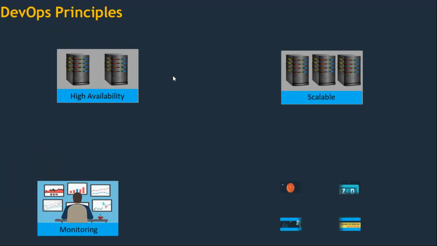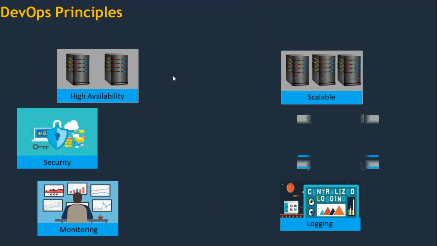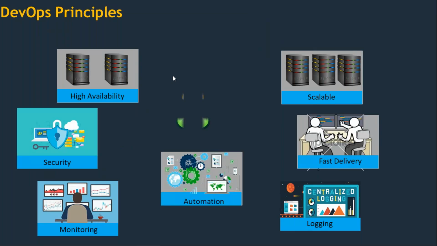Our aim is to know how monitoring is conducted, how logging is conducted for the applications, how the security principles are applied, right? How we are delivering all these things in a fast manner. What is the pipeline technology? What is the speed of deployment that we are using here, right? We are going to learn all of these along with the complete automation strategies that we have.